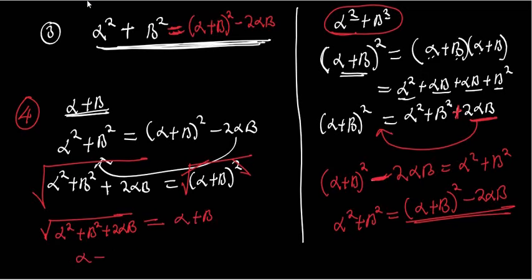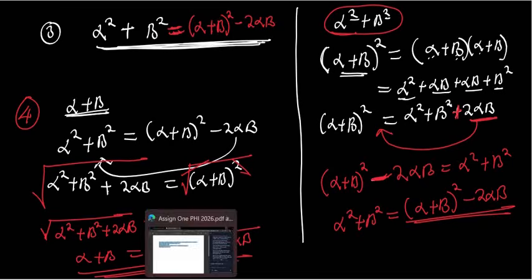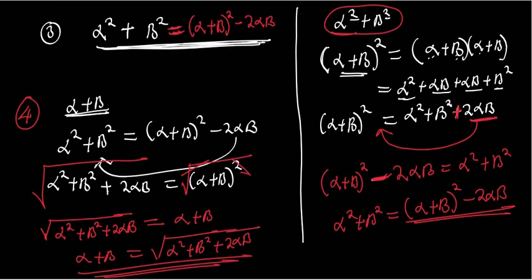So when I say alpha plus beta, its identity is alpha squared plus beta squared plus 2 alpha beta. That is the identity of that one. So that is how you answer such type of question.